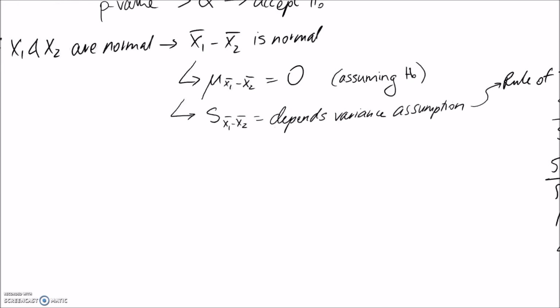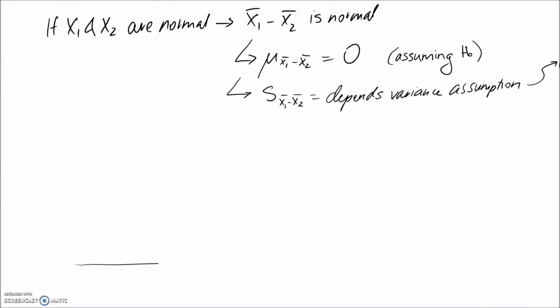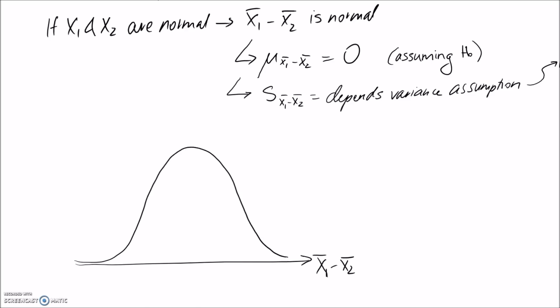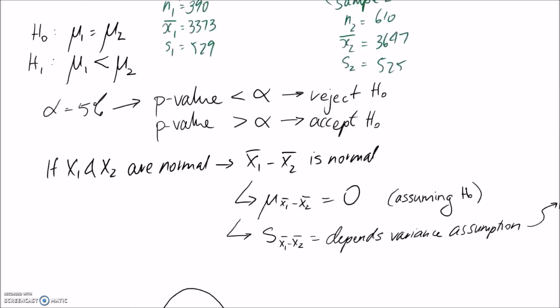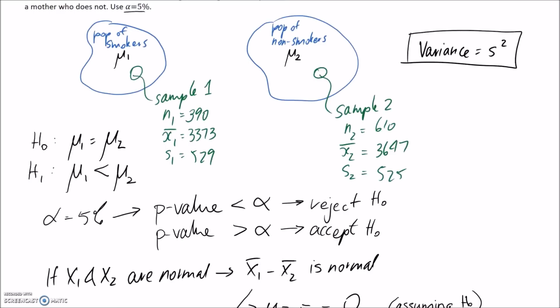So let's draw our distribution. What we're looking at is this variable, x1 bar minus x2 bar. We said it's normal, so it should look something like this. It's got a mean of 0, and the standard deviation, we haven't calculated the actual number, but it's represented by that variable. So what we are interested in is a specific case of x1 bar minus x2 bar, and that's going to be the difference that we can get out of our sample.